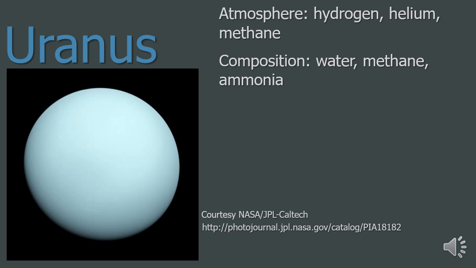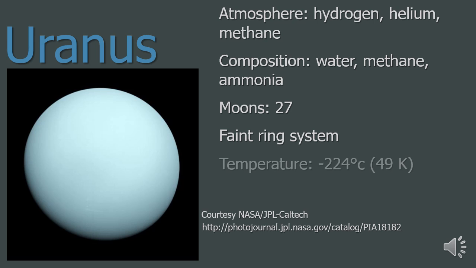Uranus has 27 moons, which are named after the characters from the works of Shakespeare and Alexander Pope, like Miranda and Ariel. Uranus has a faint ring system, and its temperature is -224 degrees C, or 49 Kelvin. Interestingly, Uranus rotates on its side, so it spins horizontally. So whereas the Earth's tilt is 23.5 degrees, Uranus is 98.